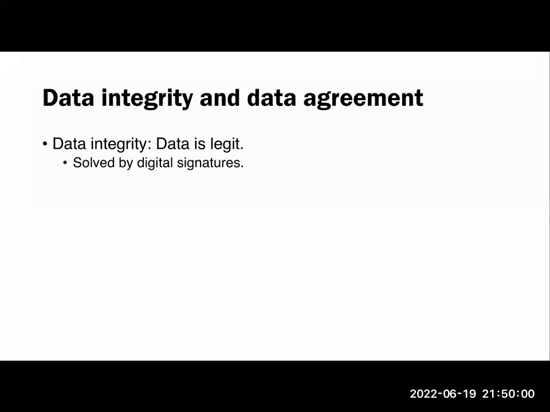Only Alice, who has the private key behind the public key, can sign the message of paying Bob 1 Bitcoin.